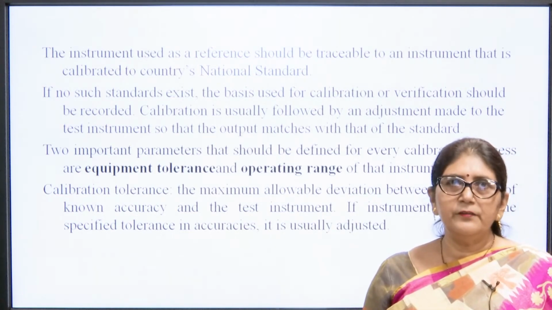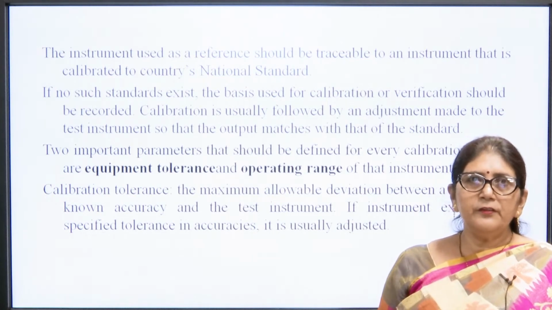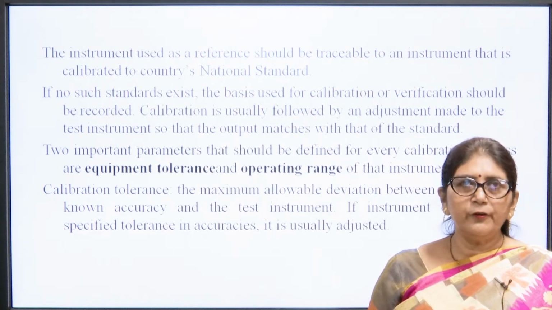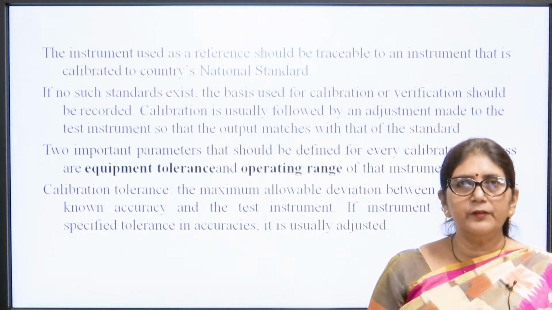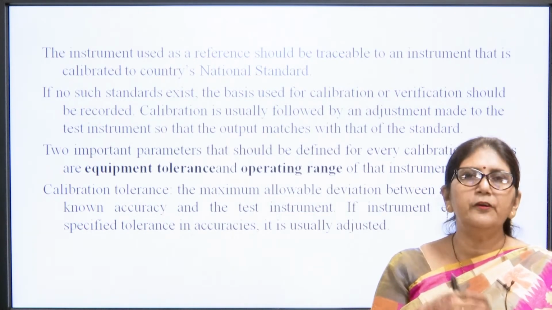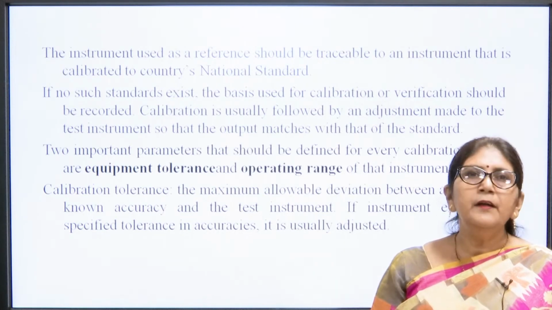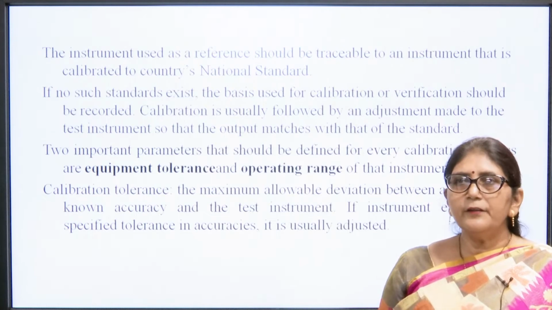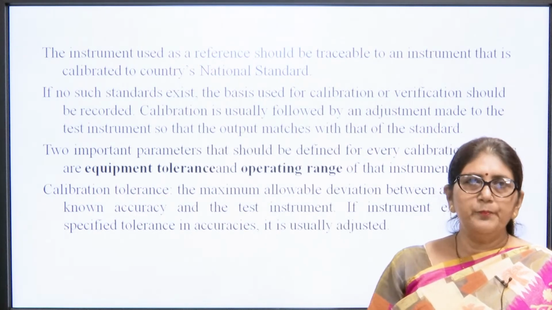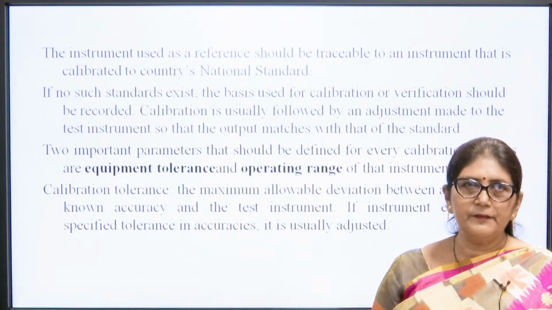other instruments. If we do not want to calibrate our instrument through the national laboratory, or we have no facility to send it there, then if we have any standard instrument in our laboratory, we can compare our instrument with it.